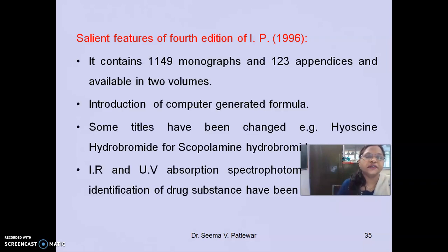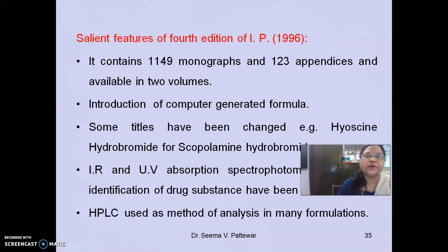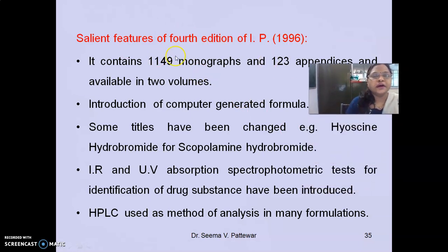Next we will see the salient features of the fourth edition of IP, that is 1996. It contained 1149 monographs and 123 appendices and is available in 2 volumes. Computer generated formulae were introduced in 1996.